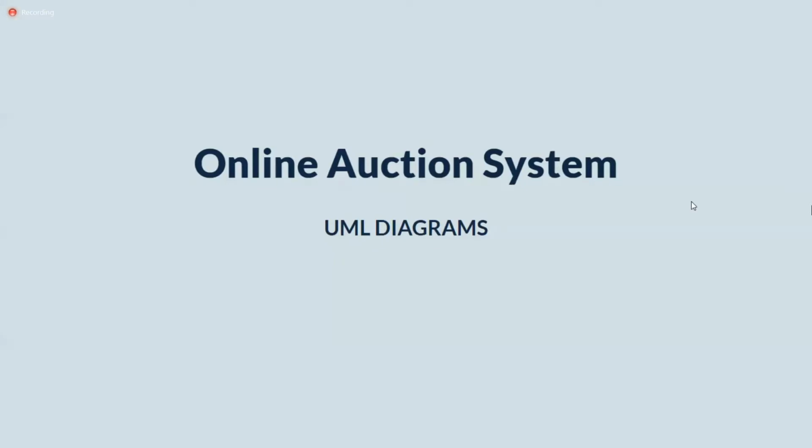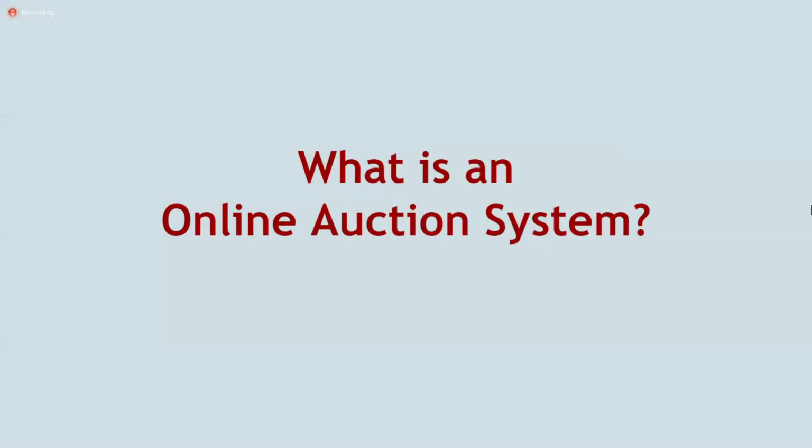Good afternoon, everyone. We are CS 9 batch 3, and now we're going to talk about the online auction system. First of all, what is an online auction system? Nowadays, everything is online. Basically, an online auction system is the process of auction that is happening via the internet.